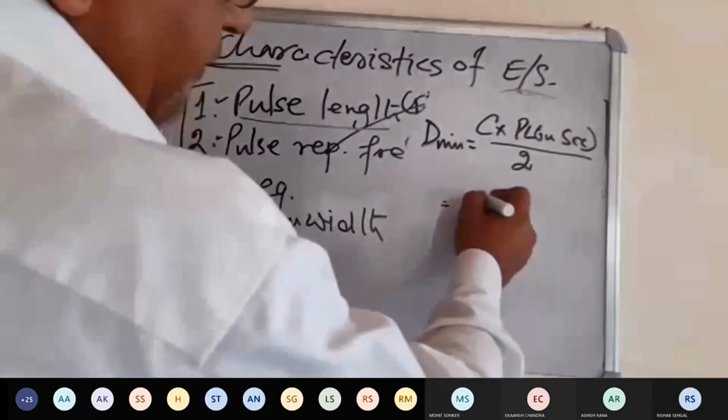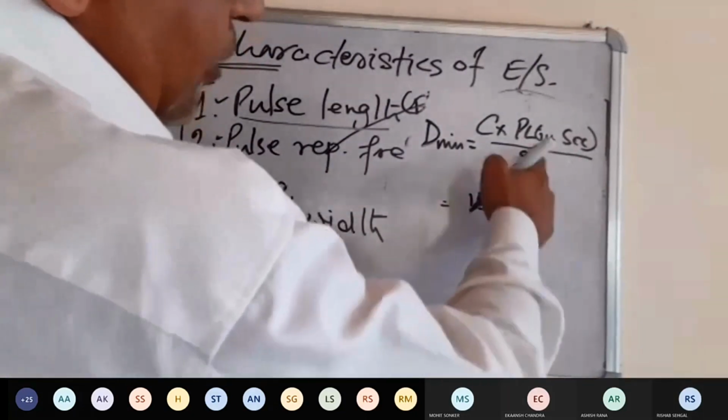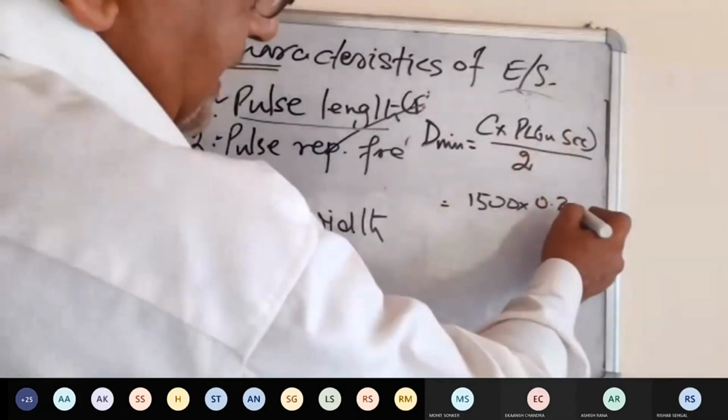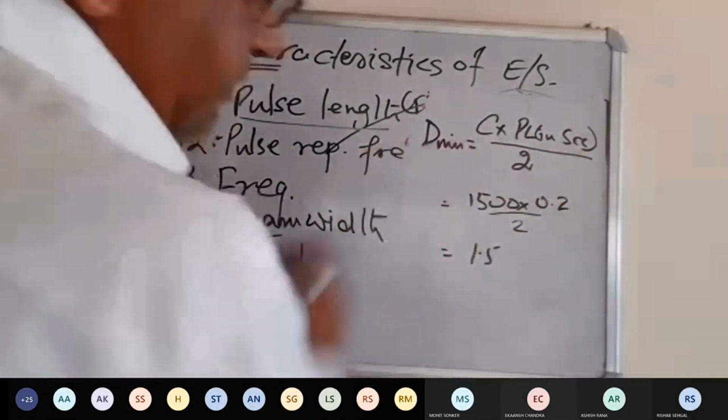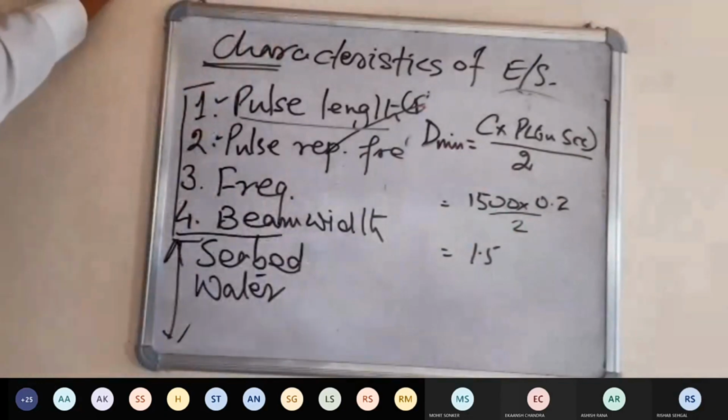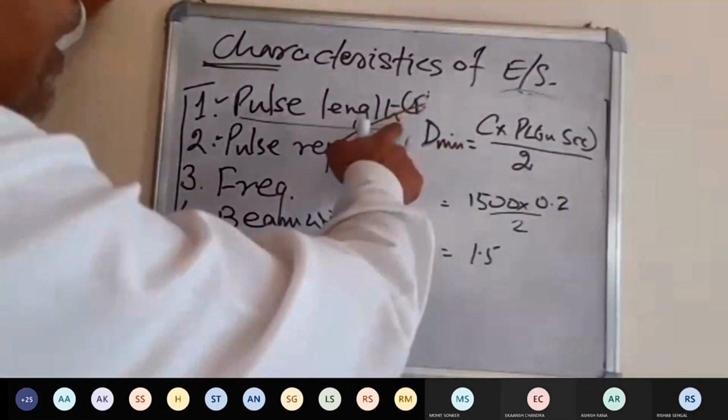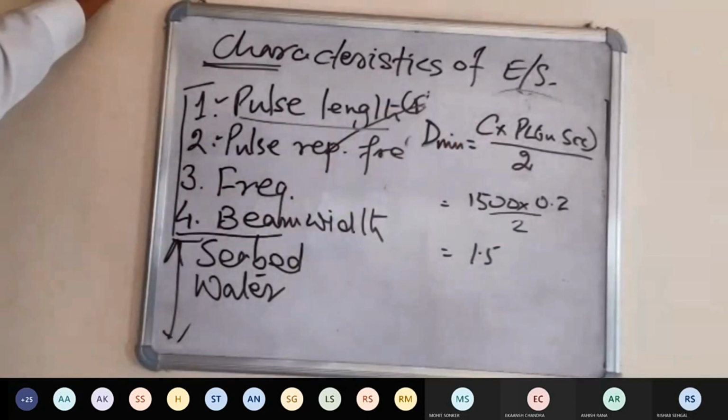Remember what we had? 1500 into PL in seconds, 0.2 milliseconds, divided by 2. It was 1.5. So D minimum readable for a pulse length of 2 milliseconds is 1.5 meters.